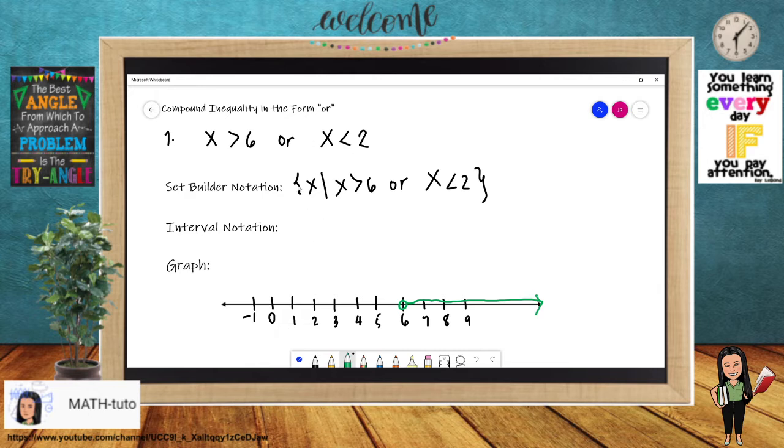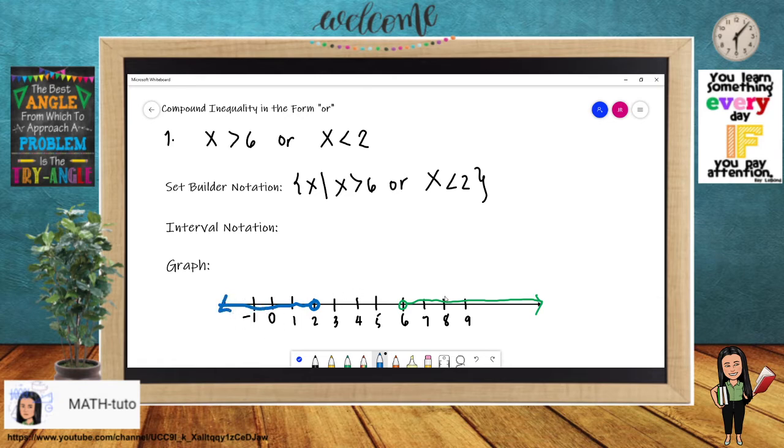Then for x less than 2, we draw a circle at 2. I will use a different colored pen so you can differentiate the two. We draw a circle at 2 and shade to the left.